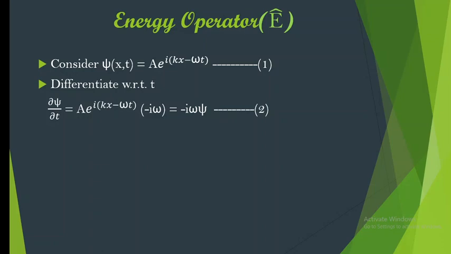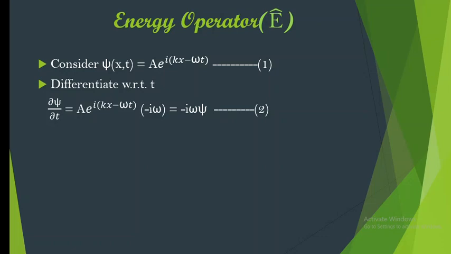So now the exponential term having the position term, that is ikx, is going to be constant, but the other term, the exponential of minus i omega t, is variable, because now we are differentiating with respect to time. So dou xi by dou t is going to be equal to A into exponential of i(kx minus omega t) into minus i omega.